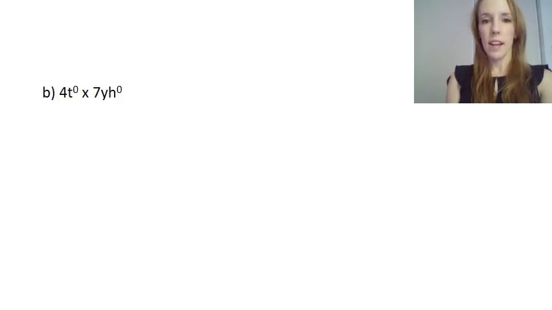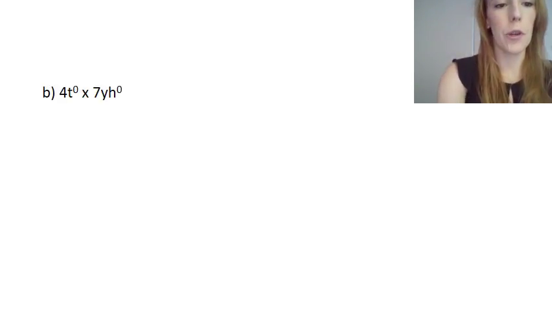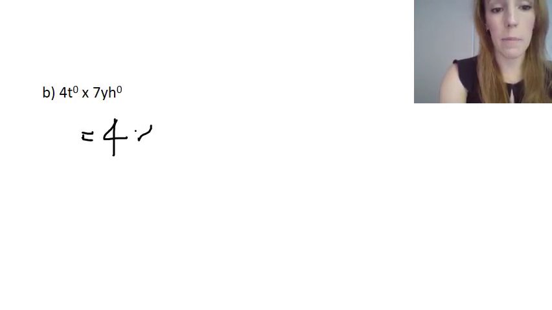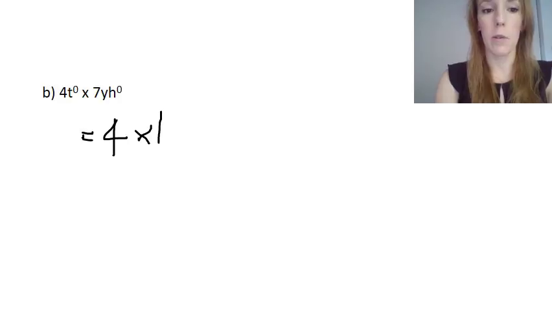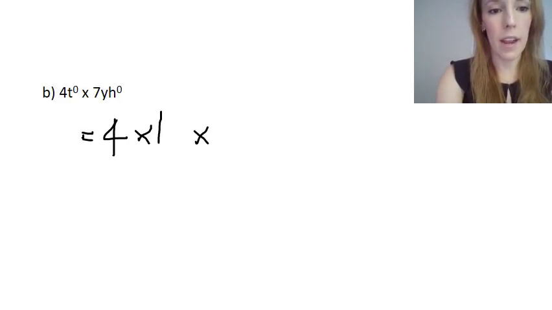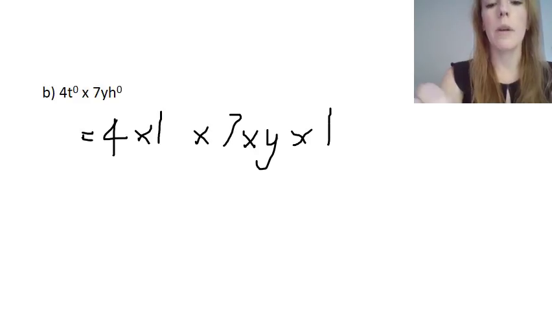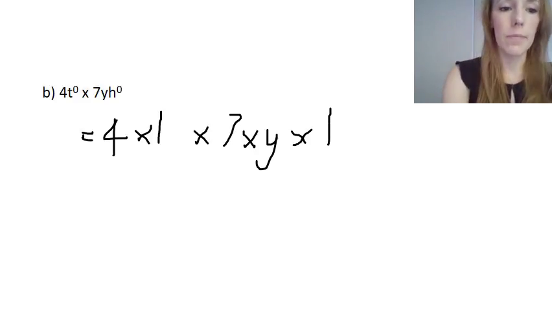Okay, in our next example, we've got 4 multiplied by t to the power of 0 times 7yh to the power of 0. We know anything to the power of 0 is going to equal 1. So that's the first thing that I'll do. That leaves me with 4 times 1, because t to the power of 0 equals 1, multiplied by 7, multiplied by y, multiplied by 1, because h to the power of 0 will equal 1.